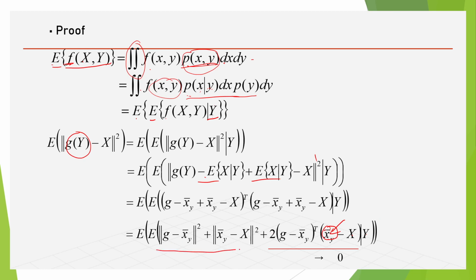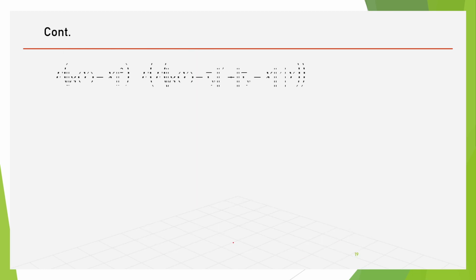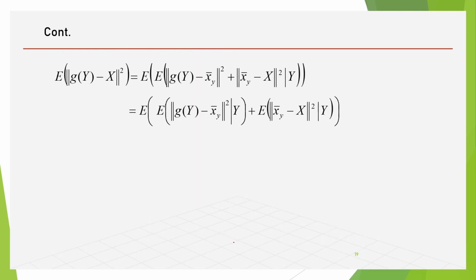Now we only have the expectation of these two terms, but this term is independent of y. Let's see here. We just split the expectation inside, this one for this and this one for this, and this term is irrelevant to g of y.